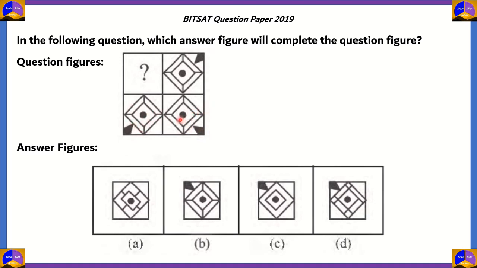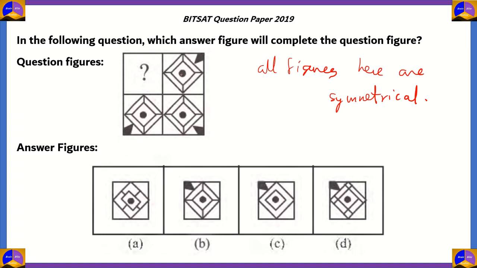So in order to solve this question, we need to understand that all figures here are symmetrical. So that means we need to put in a figure that will complete the symmetry of all these figures. Now remember that the black diamond is placed according to the position of the tile itself.